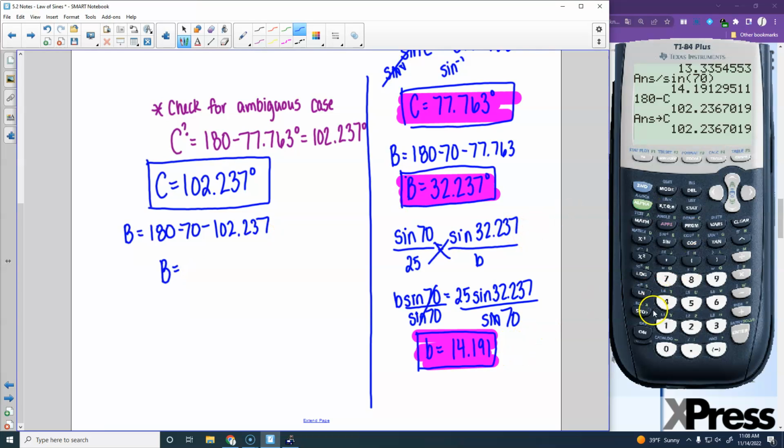And if we do that here, 180 minus 70 minus C, we get 7.763 degrees.